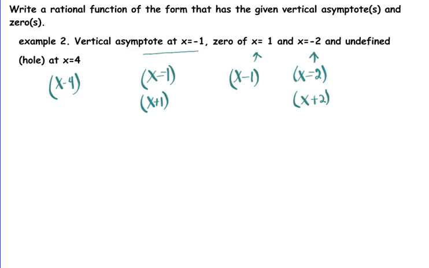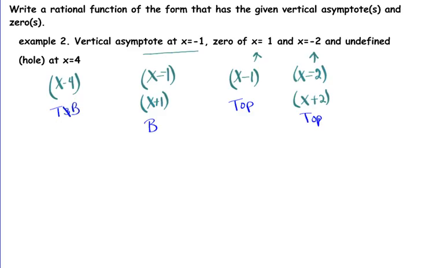Now, we need to remember which ones go where. Holes are both top and bottom. Zeros are only top. When I say top, I mean the top of the fraction, the numerator. And vertical asymptotes are only in the bottom, or in the denominator.